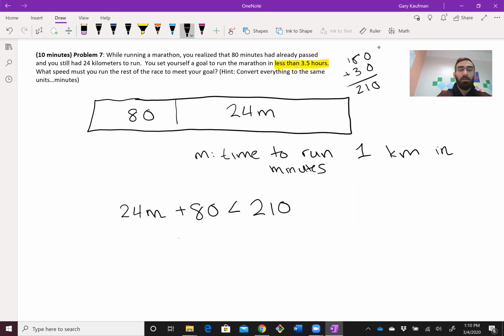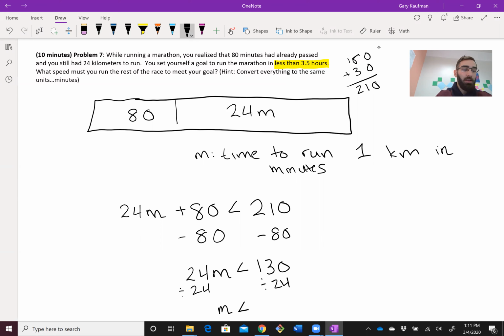I'm going to start by subtracting 80, which gives me 24m is less than 130. I then divide by 24, which I need to quickly get my calculator out because I cannot do that in my head. So 130 divided by 24. And I get the minutes must be less than 5.416 repeating.